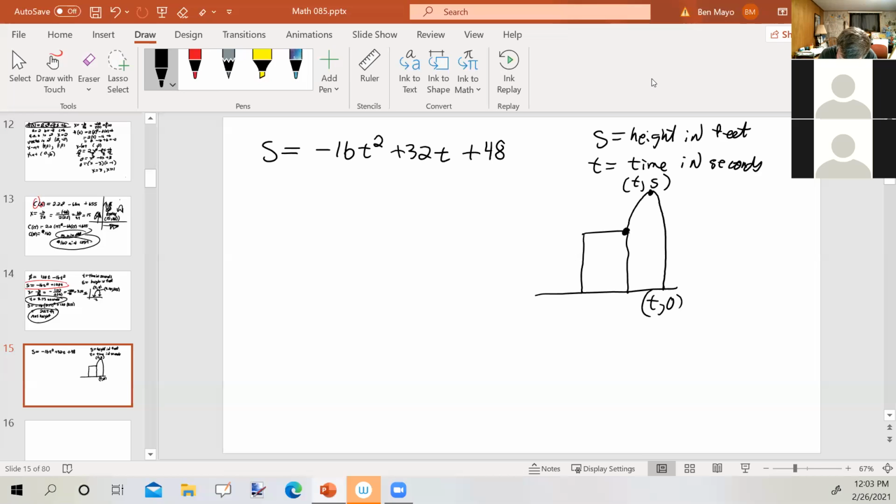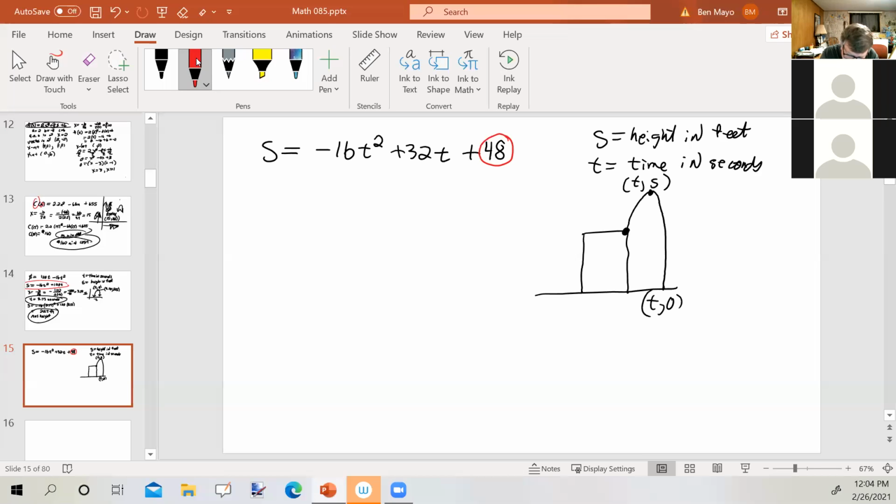Right here. When the problem starts, no time has elapsed. So the time is 0. What's the height of the building? 48 feet. Think about it.